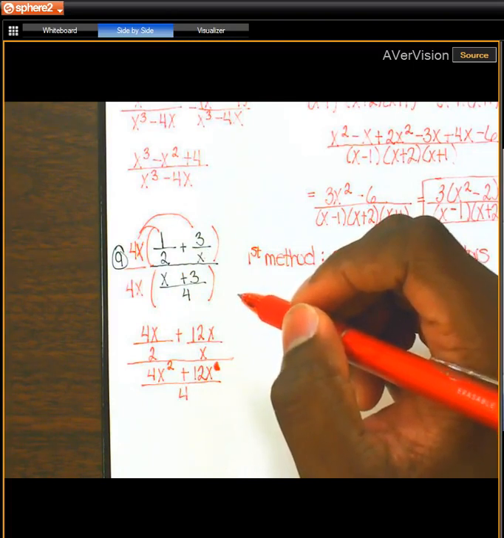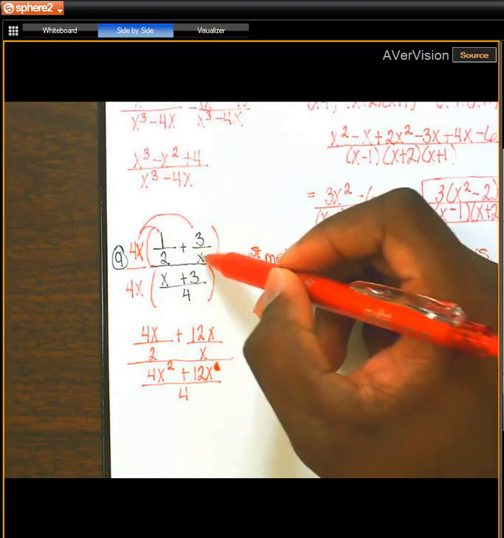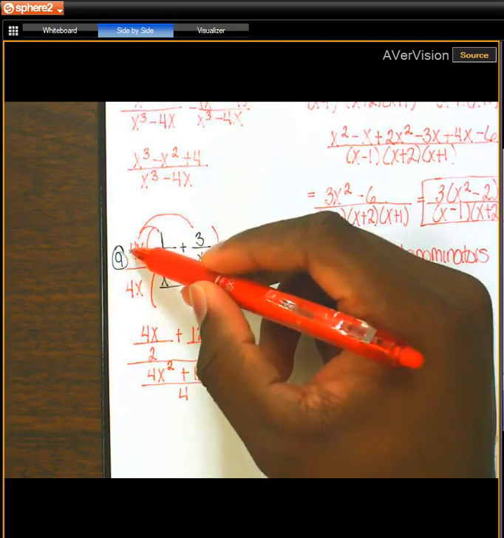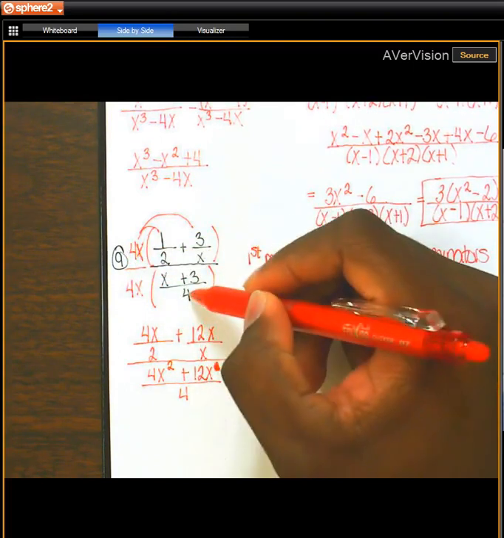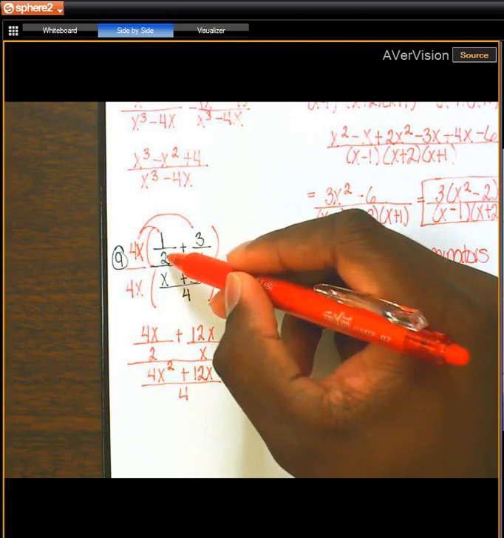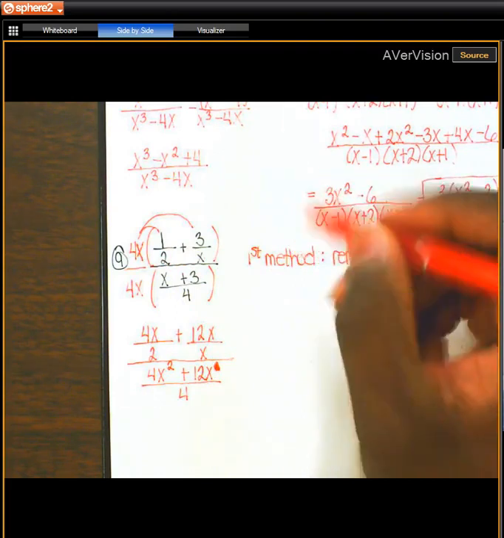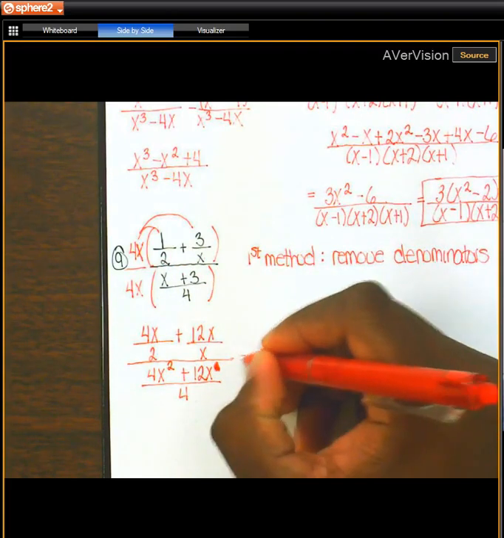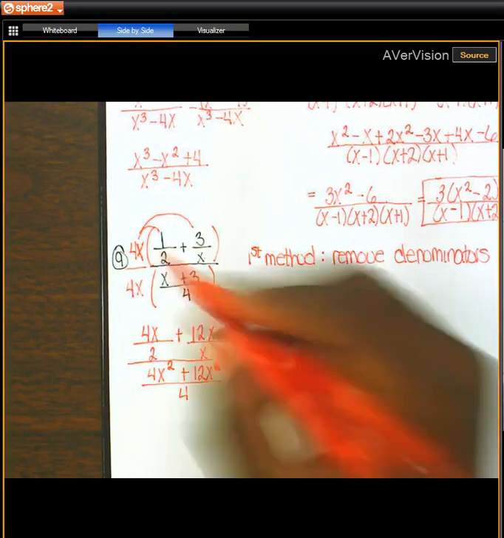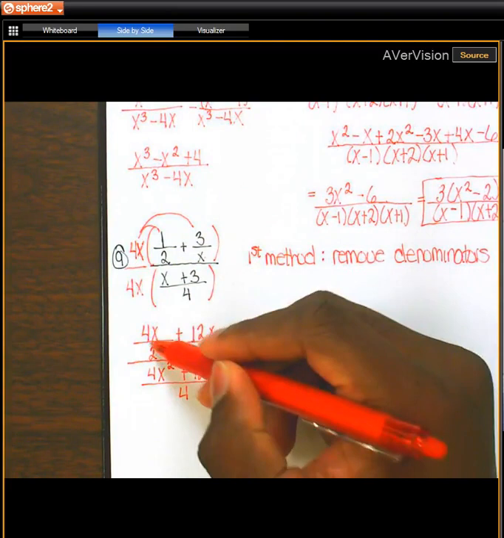All right. So we chose x because we wanted to cancel out this x, and we chose 4 because we wanted to cancel out this 4, and it also cancels out this 2. Does that make sense? So if we distribute the 4 over here and over here, this is what we get. Now we can simplify.